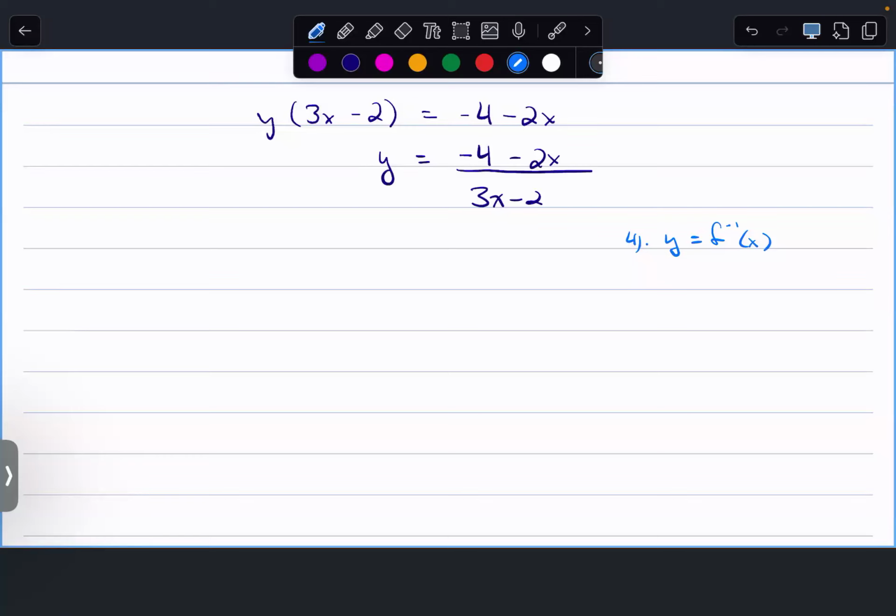So it's a little bit backwards, but it's just how we conventionally do it. And so therefore, the inverse function is negative 4 minus 2x over 3x minus 2.